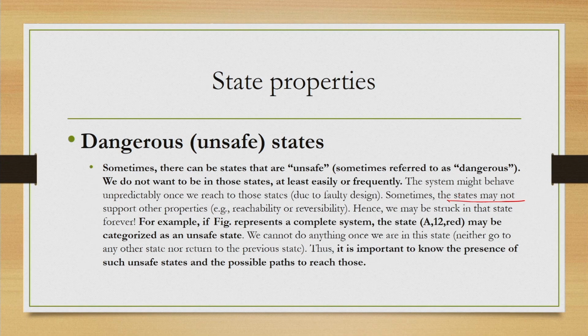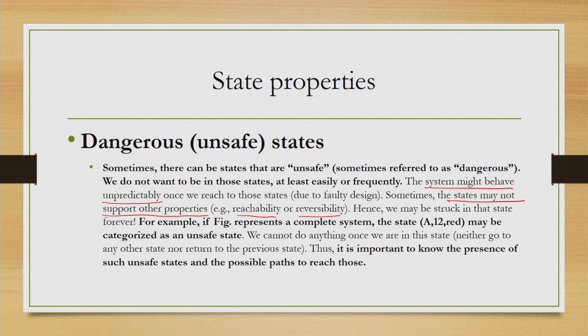The states may not support properties which are desirable, like reachability or reversibility, and the system may behave unpredictably once we reach those states. Now, sometimes it may happen by design.